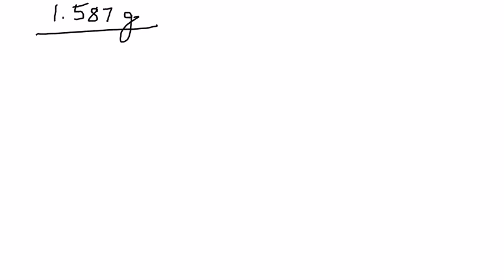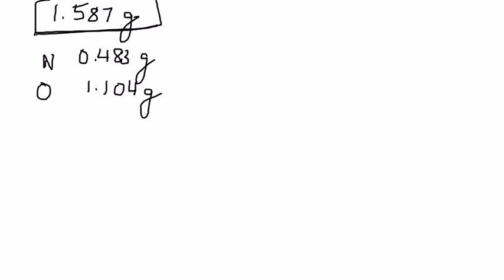Okay, and we are given that we have nitrogen, we have oxygen. Nitrogen, we have only 0.483 grams, so this has been found for you. Oxygen, we have 1.104 grams, and you're expected to determine the empirical formula, in other words, the simplest ratio between nitrogen and oxygen. Realize the total mass was 1.587, and so obviously the mass of nitrogen plus the mass of oxygen together, when you add the two, you should get the given mass.